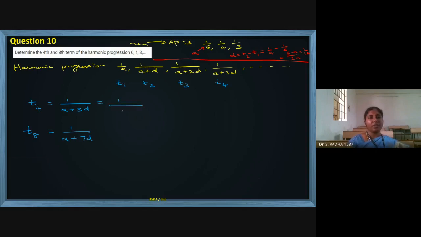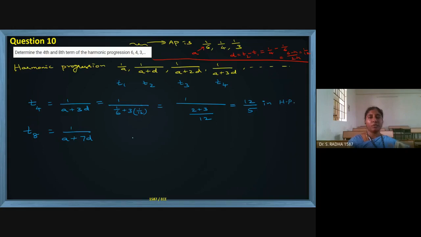A value is 1 by 6 and D value is 1 by 12. You simplify; if you take LCM 12 in the denominator, it is 2 plus 3, and if you invert it, it is 12 by 5. This is the fourth term in harmonic progression.